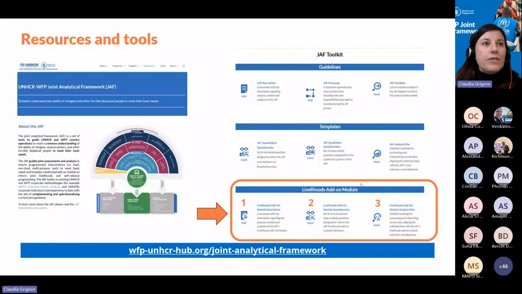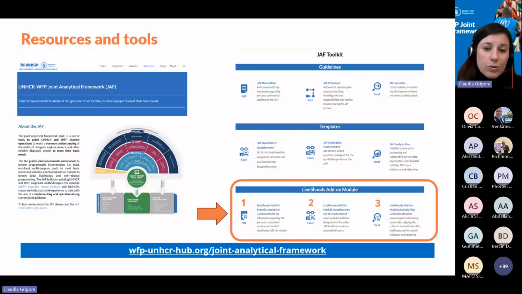And in the same section here of the add-on module, you have under number 3, the Livelihoods add-on module analysis plan, which is a key document and is to be considered as your roadmap for how you can obtain, organize, and analyze the necessary data in the Livelihoods module. Now, the analysis plan contains all the necessary guidance per level of analysis, including the indicators, method of data collection, and analysis step.